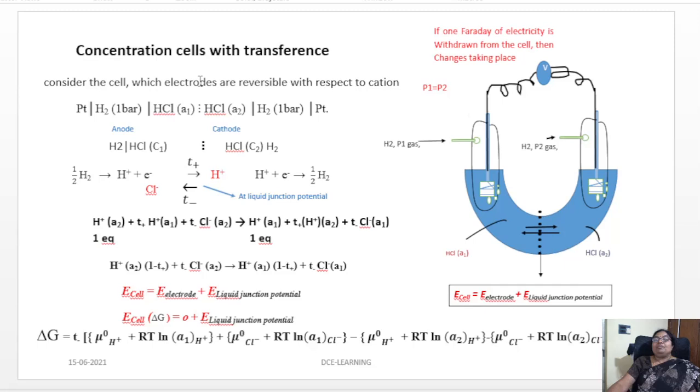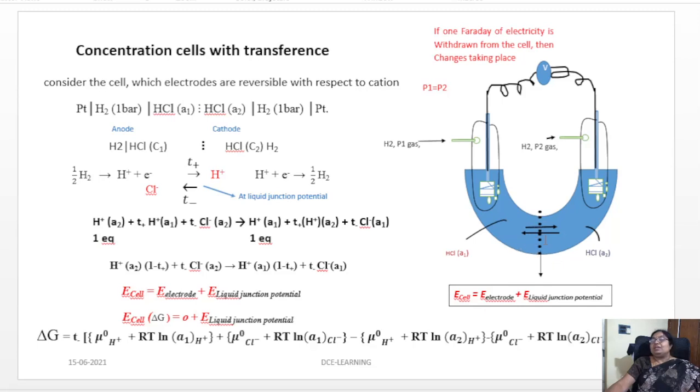Now the cell with transference. Consider the concentration cell with transference, where the two electrolyte solutions, here HCl, are present on the two sides and are usually separated by a membrane.